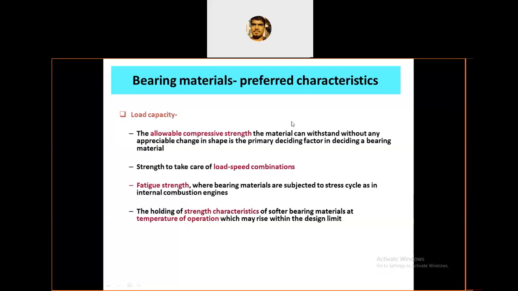In cyclic operation, it will produce a load. In that situation, it should sustain with very high fatigue strength. A good bearing material should absorb the fatigue load and also have very high fatigue strength. Clear? So these are all strengths with respect to the load carrying capacity.